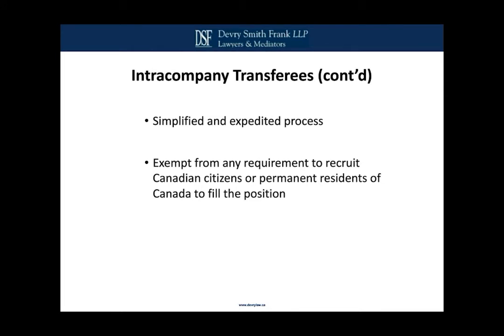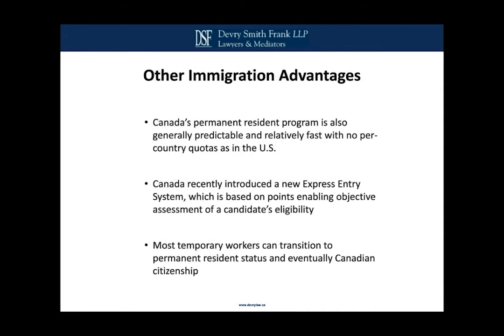Intra-company transferees can be processed on a very simplified and expedited process. Another immigration advantage under Canada's system is that Canada's permanent resident program is generally predictable and relatively fast, with no per-country quotas as exist in the United States.